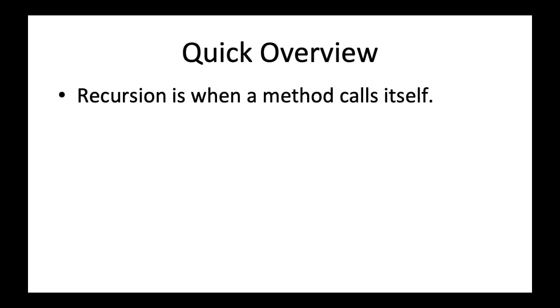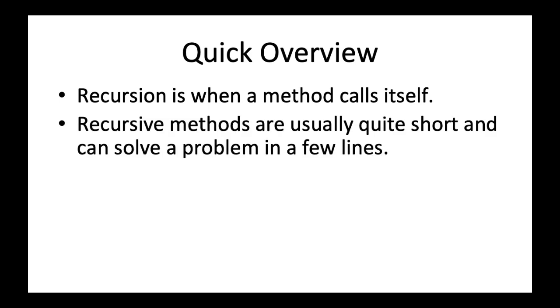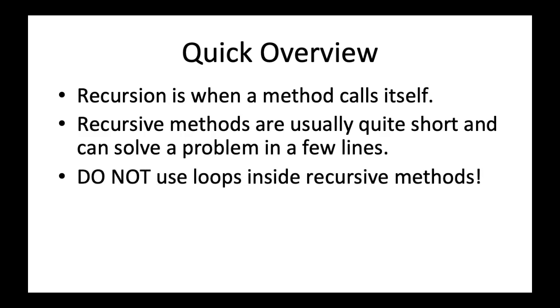So if you find your method getting way too long, you're probably doing something wrong. Recursive methods are actually hidden loops themselves, so please do not use loops inside them. Doing that renders your method useless.